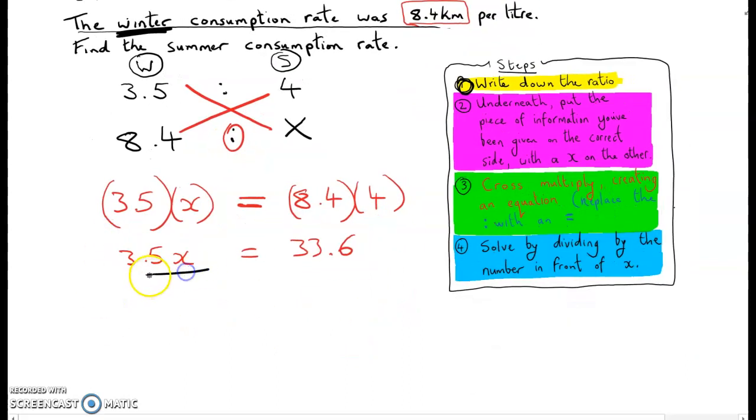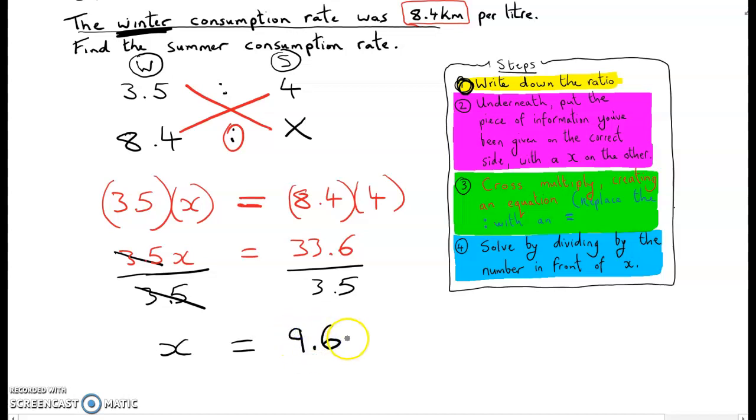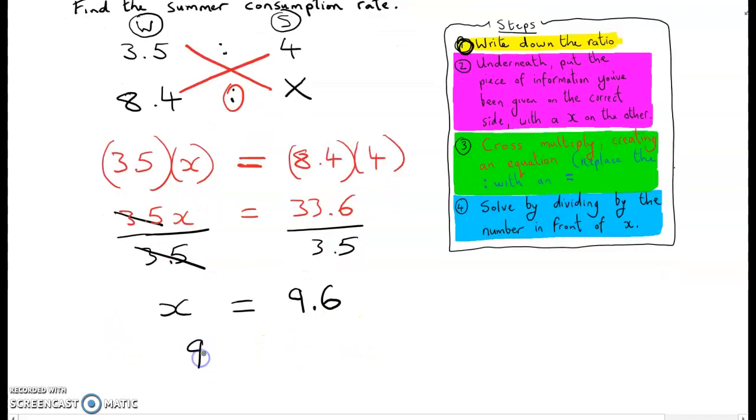I've got to divide both sides by the number in front of x. It cancels with that. And I'm left with x is equal to 9.6. Okay, so the winter one was 8.4 kilometers per litre. The summer one is 9.6 kilometers per litre. Okay, well done.